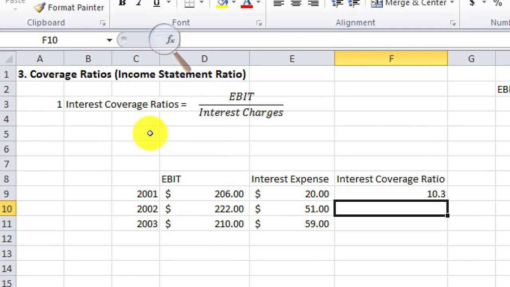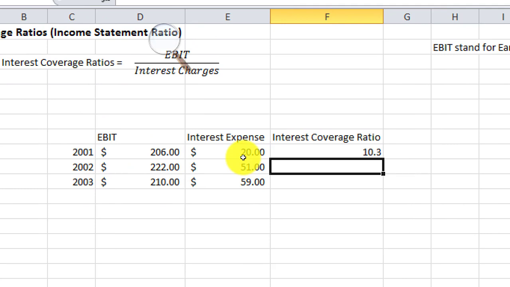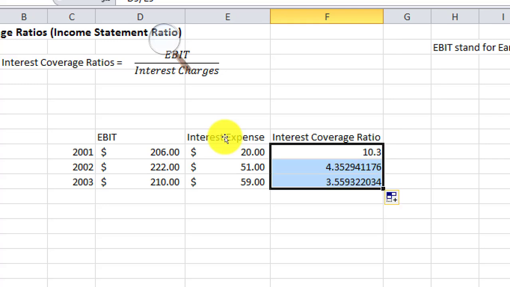So here we have 10.3, so you have to double click over here. You can see that 10.3, 4.35 and 3.55 are the interest coverage ratios.